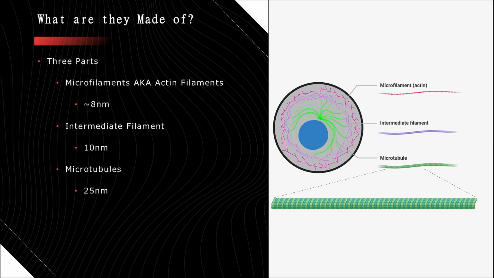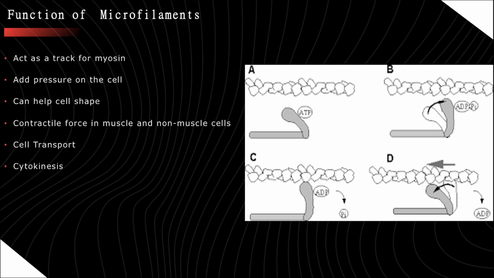And of course there are microtubules, which are about 25 nanometers, and they are cylindrical and hollow, and they're primarily made up of 13 protofilaments, in alternating forms of beta and alpha tubulin. You can see on the photo on the right just how they are spaced.